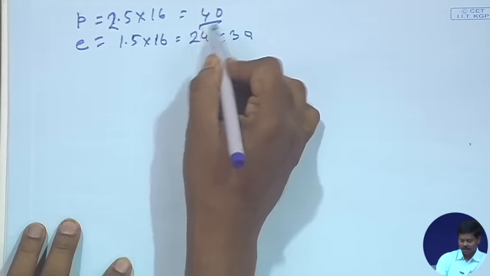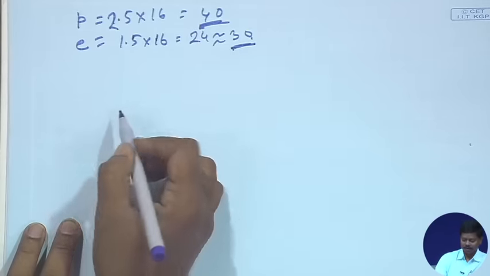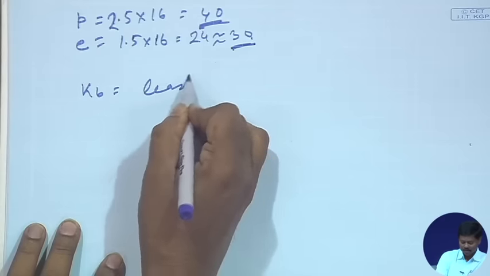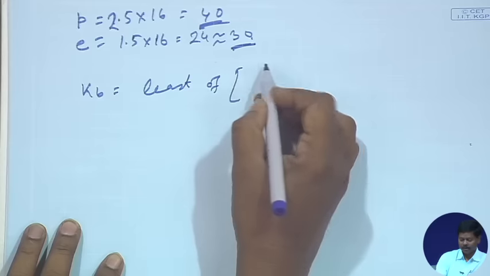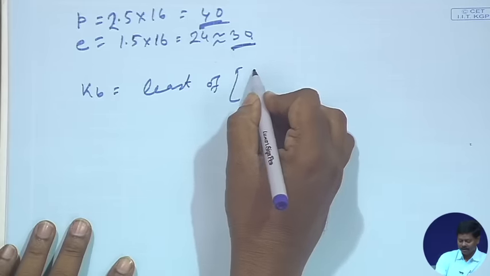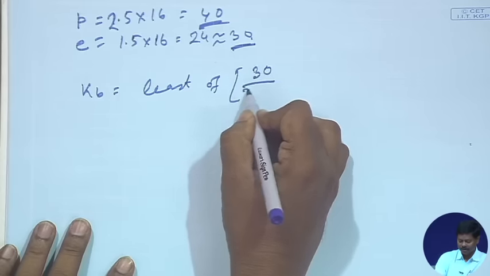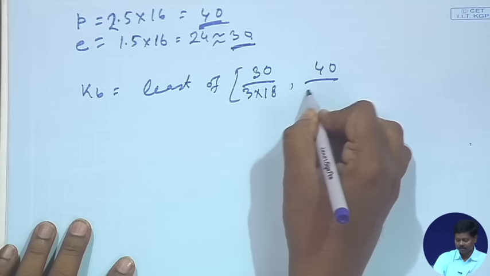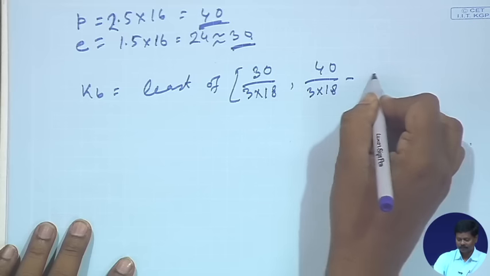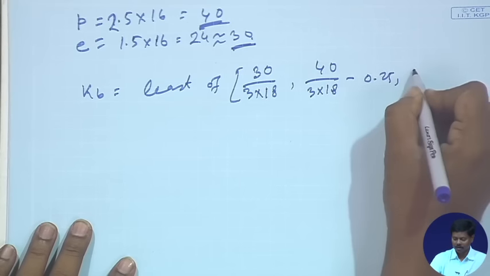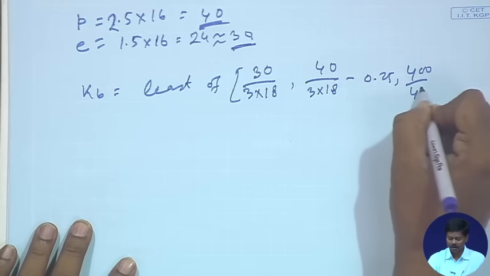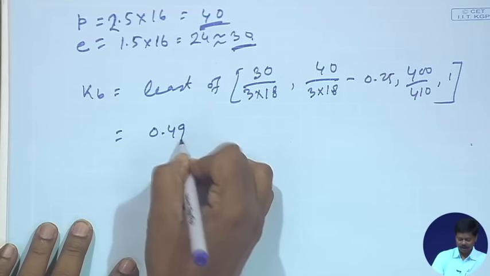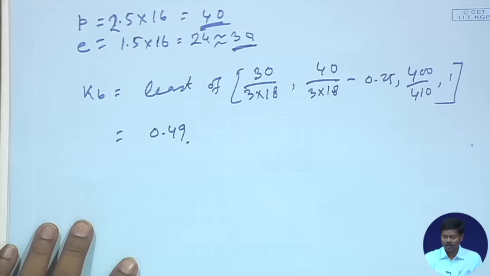So, pitch as 40 and edge as 30, then KB I can find out as least of E by 3 d0, that means 30 by 3 into d0, P by 3 d0 minus 0.25, and then 400 by 410 and 1. So, least of this is coming 0.49, right.